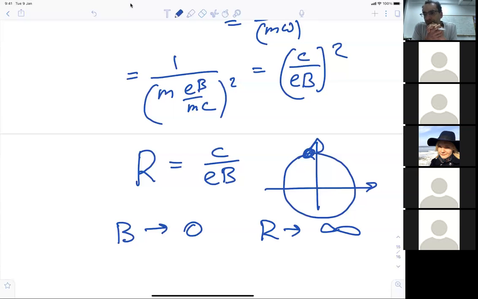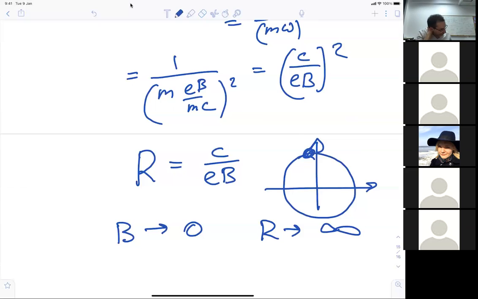Okay? But if there's a finite magnetic field, then the particle does not go anywhere. It performs circular motion. That's what happens in the absence of the electric field.